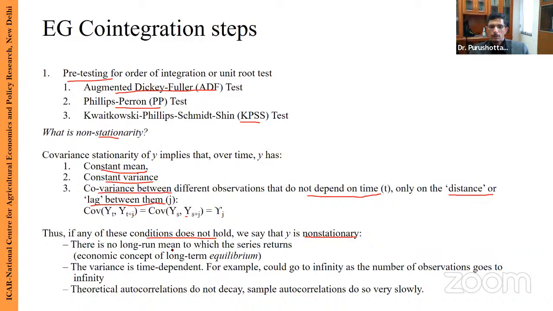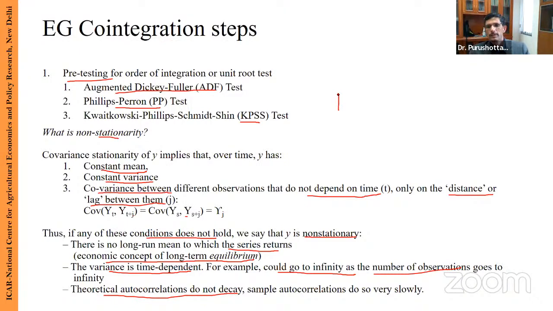There is no long-run mean to which the series returns, or economic concept of long-run equilibrium, what we are going to test. Then variance is time dependent. For example, it could go to infinity as the number of observations goes to infinity. And theoretical autocorrelation does not decay.